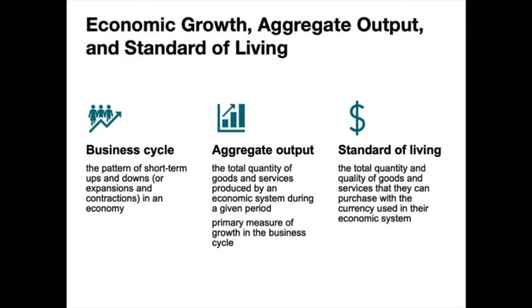Typically, that given period, of course, is one calendar year. That's how we compare these things. And what we're looking at is the total overall quantity of goods and services produced during that given year. In fact, as it says right there, that second point, this is the primary measure of growth in a business cycle. All of these things contribute to our standard of living.